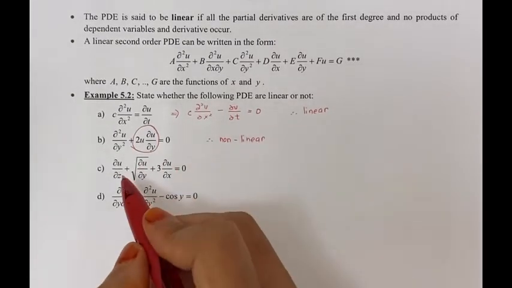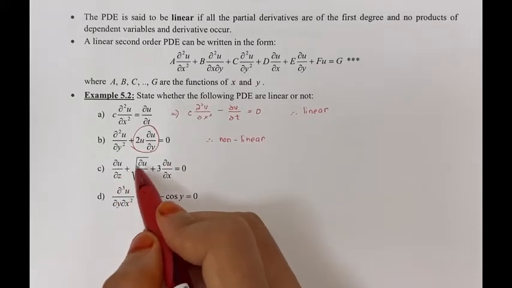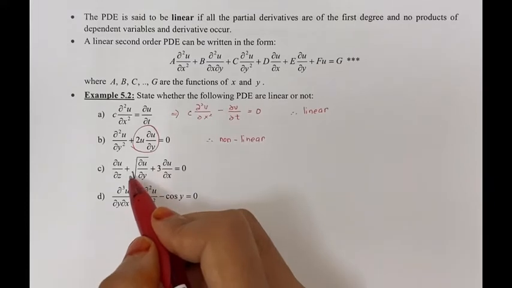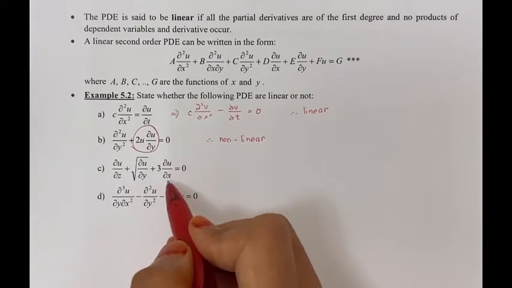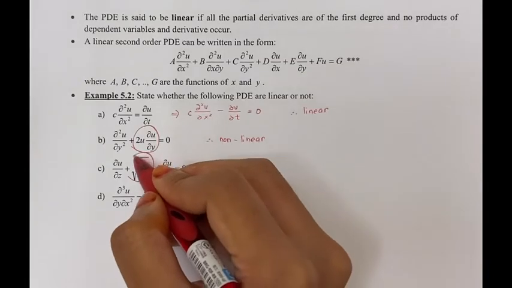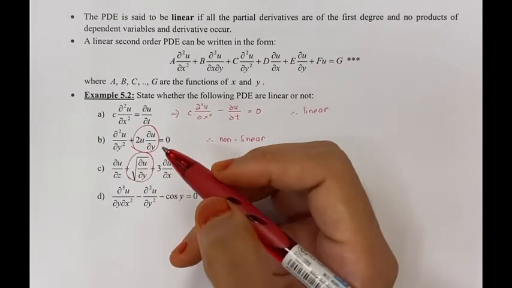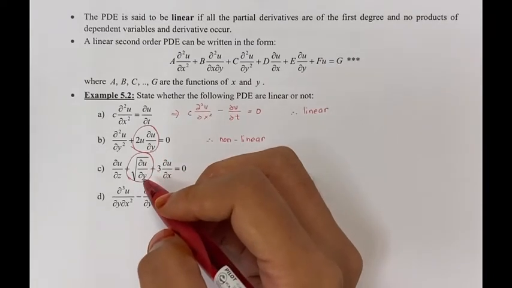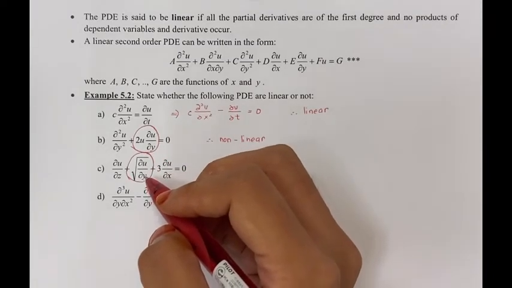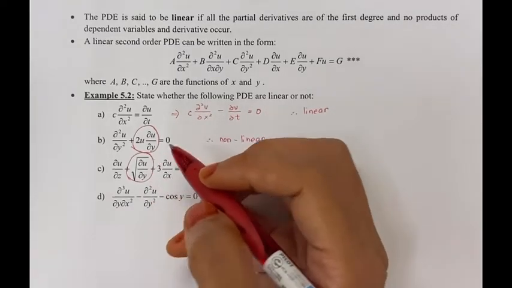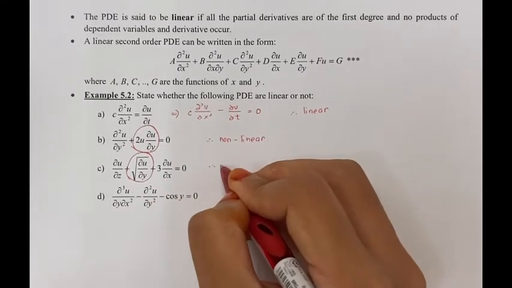The third example, you have ∂u/∂z plus (∂u/∂y) to the power of half, we have a square root over here, plus 3 ∂u/∂x equals 0. Because your derivative is not first degree, it is raised to the power of half, so this is non-linear.